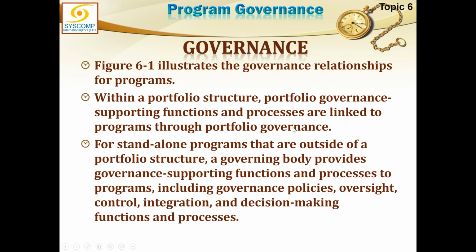So portfolio governance is inherited by programs in the shape of the program governance provided for each program. Whatever the portfolio has decided, whatever programs and standalone projects have been selected, will then be governed by the respective program governance or project governance.